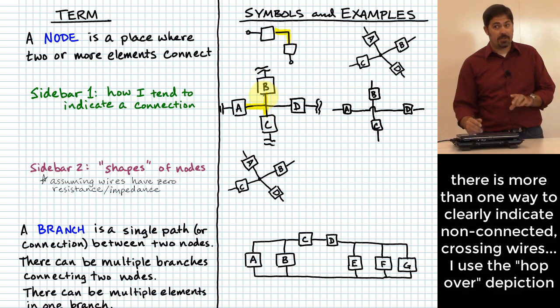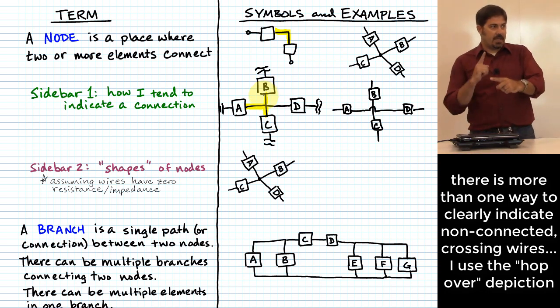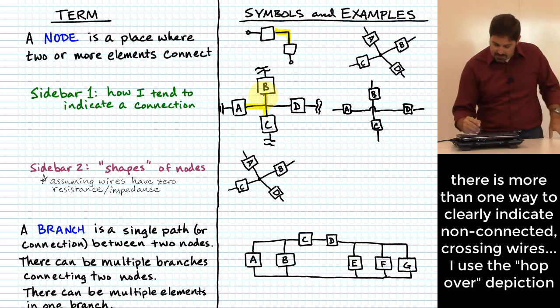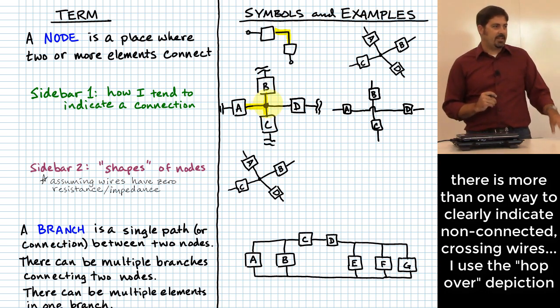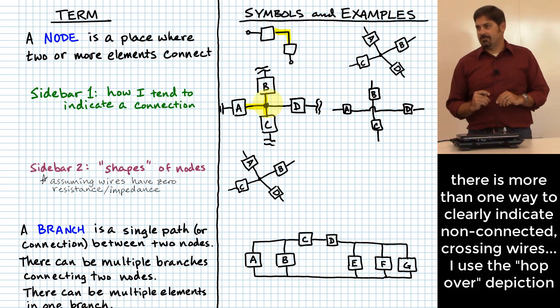You actually interpreted that B connects to C, and A connects to D, but they don't connect to each other on that intersection. In order to make them connect, you would want to draw a dot. And then that says they're connected right there.